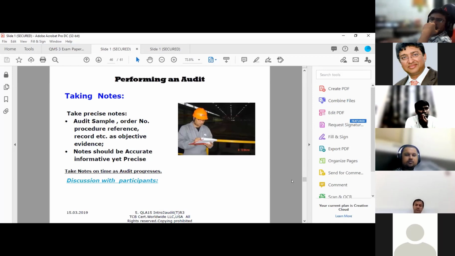So that you have sufficient evidence for your audit observation. So your conclusion is based on the evidences that you have seen in the organization. All right.